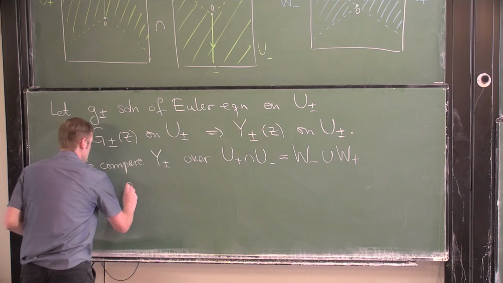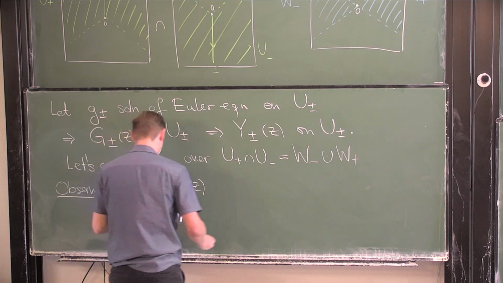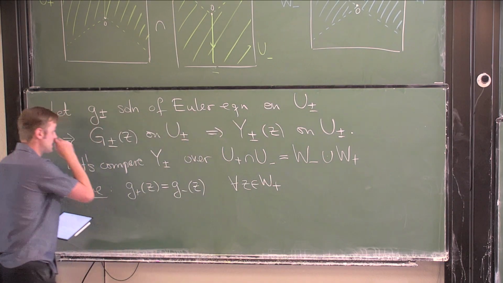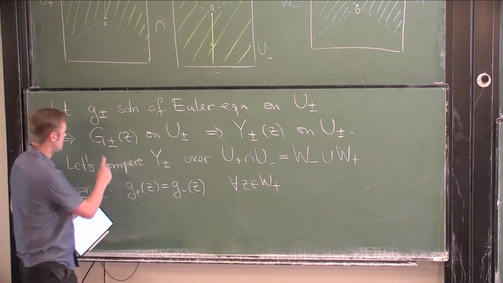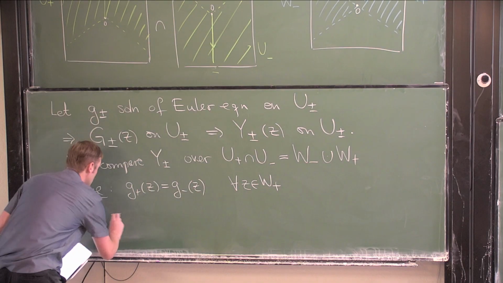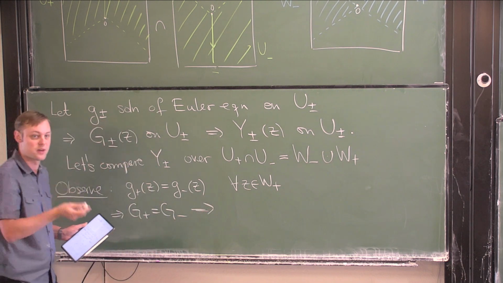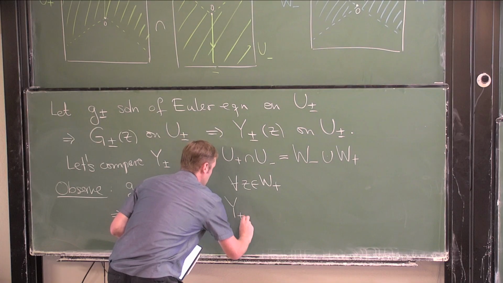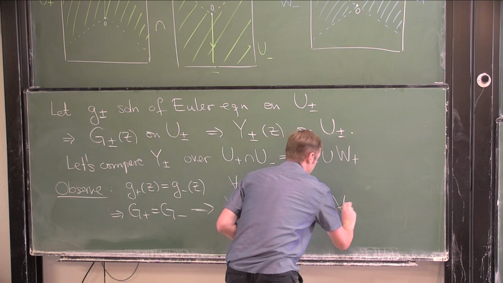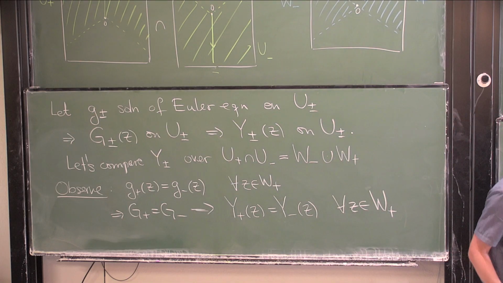So G plus of Z is equal to G minus of Z for all Z in W plus. And so that means that the gauge transformations G plus and G minus agree over W plus, and that means the fundamental solutions agree as well. So there's no discrepancy there.